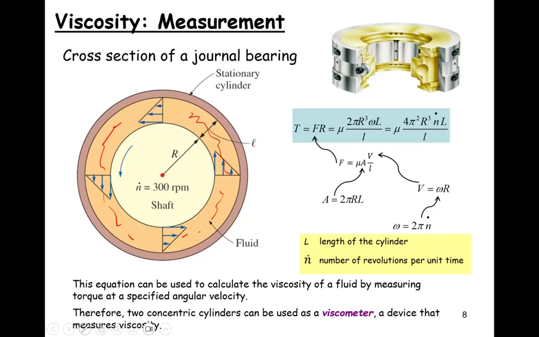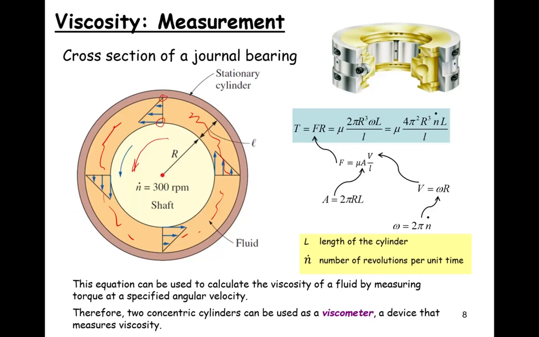Sometimes it can be reversed, but in this case it is stationary, and the shaft is rotating. Imagine, the fluid adjacent to the stationary cylinder has zero velocity. However, the fluid adjacent to the rotating shaft has maximum velocity, and this figure shows how the velocity changes linearly over the short distance.